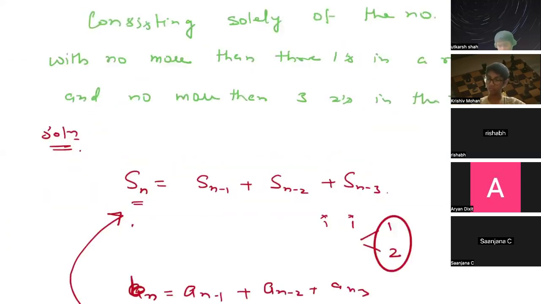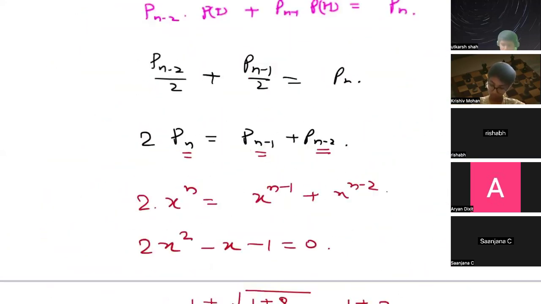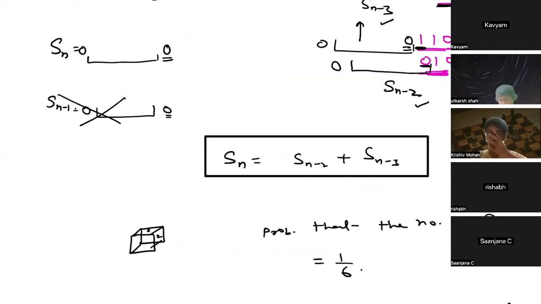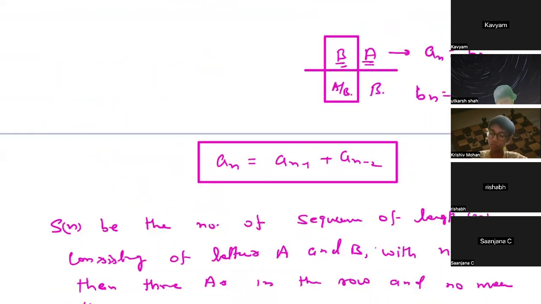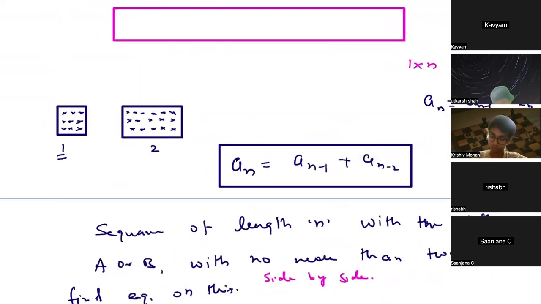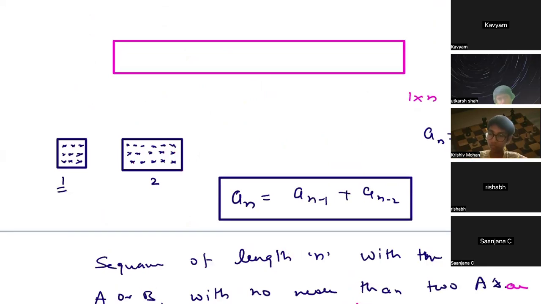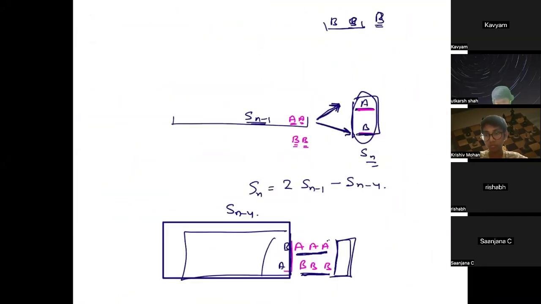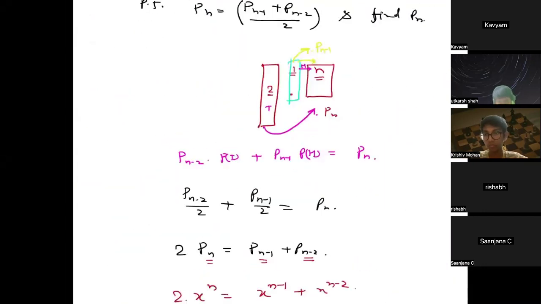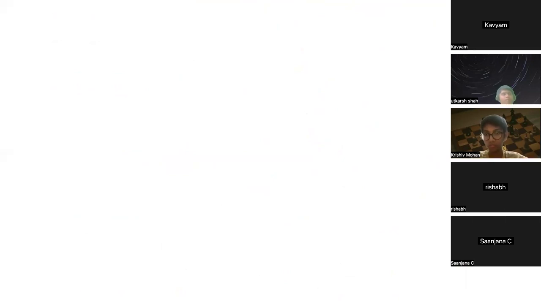One last question on this. I'm giving you the same type of question as last lecture. This was the situation: a 1 cross n strip I have to fill with either 1 cross 2 or 1 cross 1 tiles. Now I'm changing the situation a little bit.